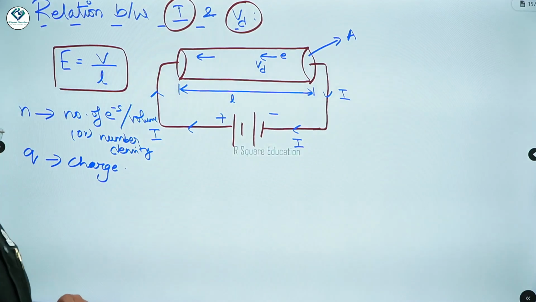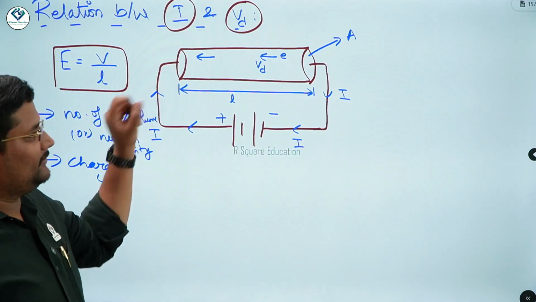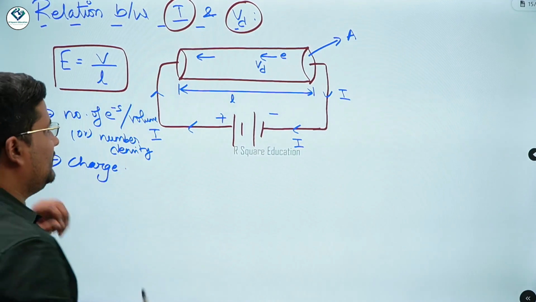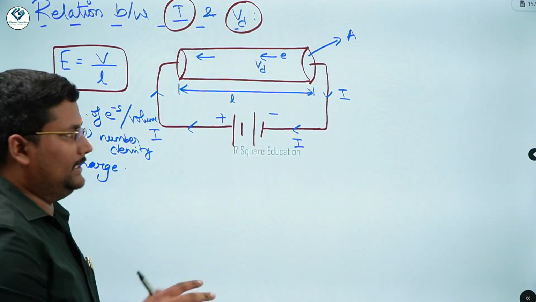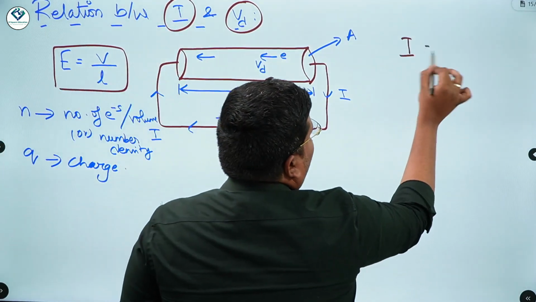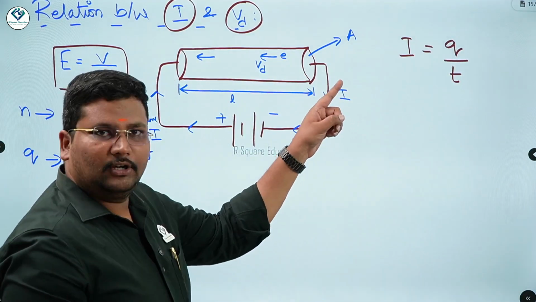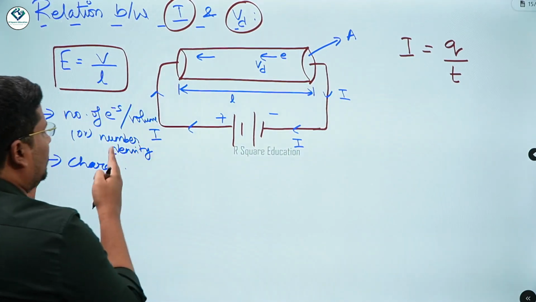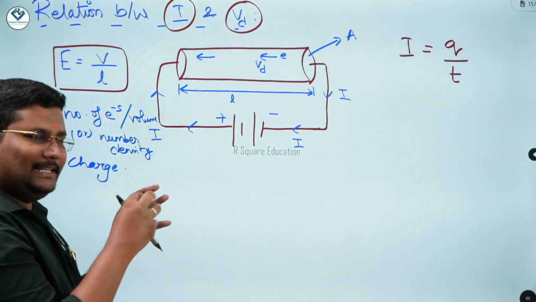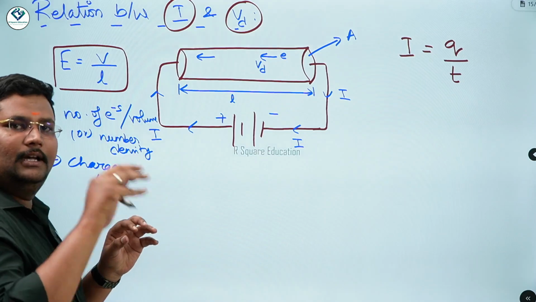If I want to know the number of electrons present, why? Because we are going to find out the electric current. For electric current we need Q and T, correct? So Q, you know, is going to be ne, but I want to know the number of electrons present inside the conductor which contribute to the electric current.